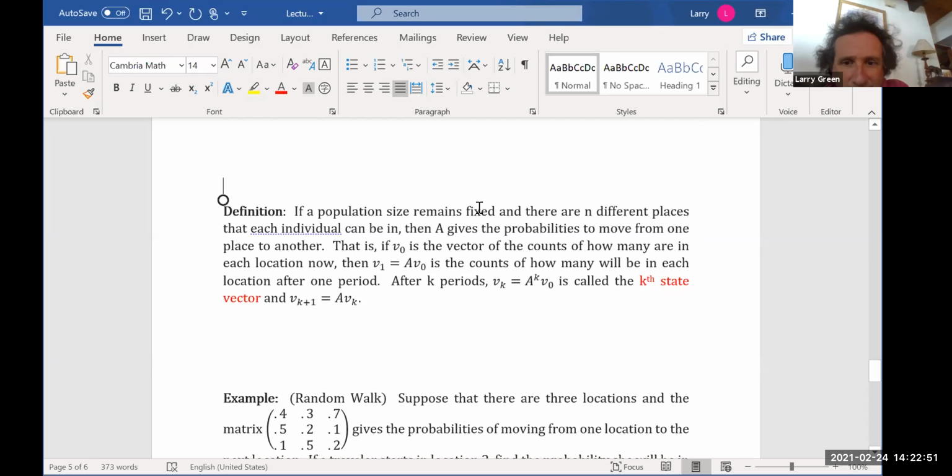Okay. So here's how it's used. If a population size remains fixed. So imagine, let's suppose the following. You have the United States of America, and we're only going to look at the 50 states. Otherwise, it's too complicated.